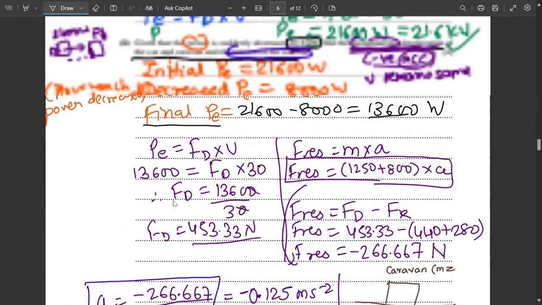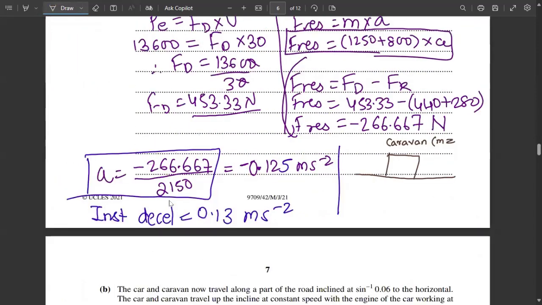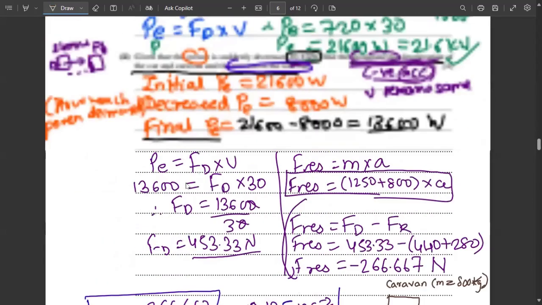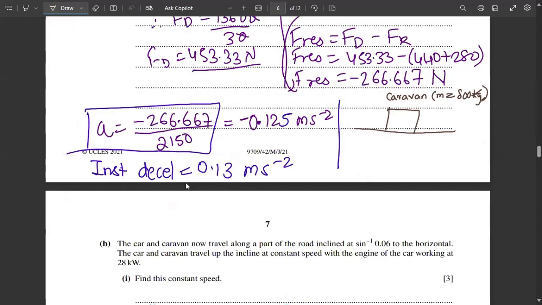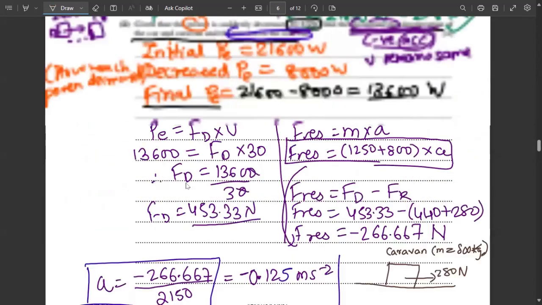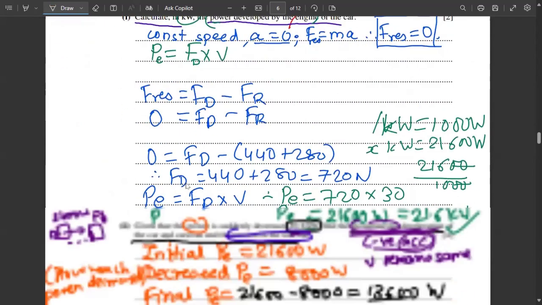Mass is 800 kg. Resistance force is 280 Newton backwards. And the forward force is tension. No other force. Okay.